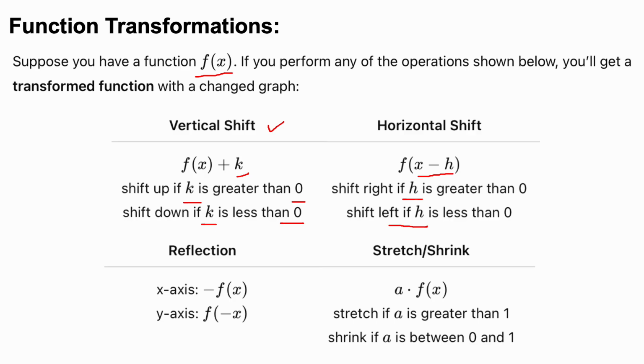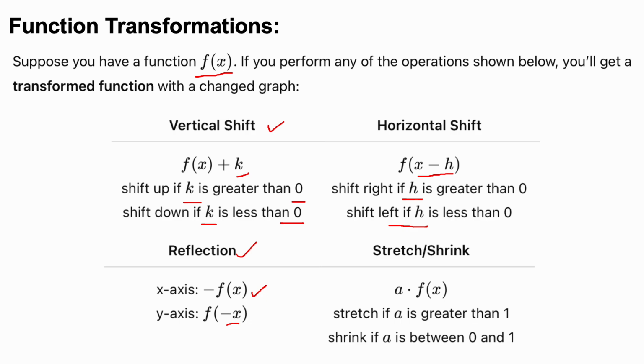Now reflection. Negative f(x), multiplying f by -1, reflects it over the x axis, while f(-x) flips it over the y axis.